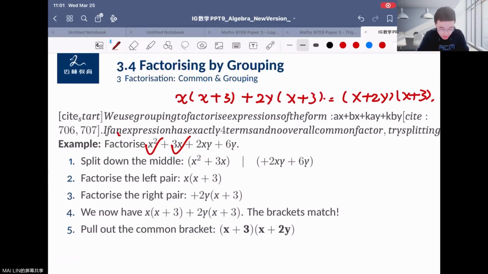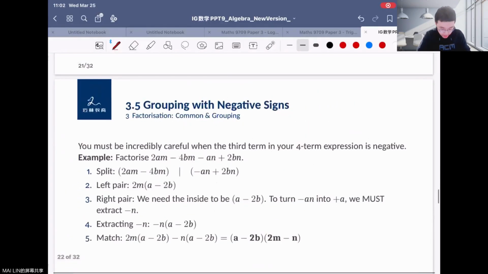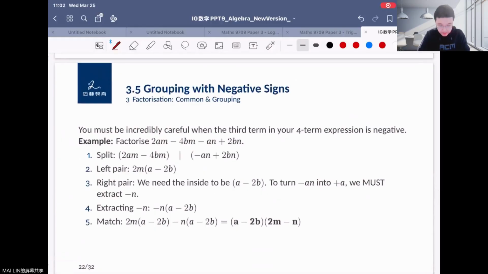And maybe there is also grouping with negative signs. The example is to factorize 2am minus 4bm minus 2an plus 4bn.